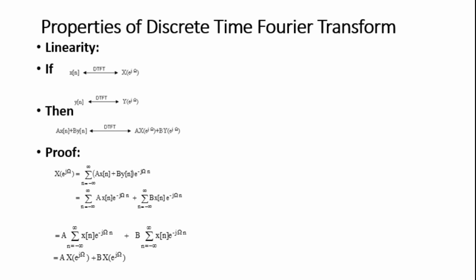So which is equal to a into X of e power j omega plus b into Y of e power j omega.